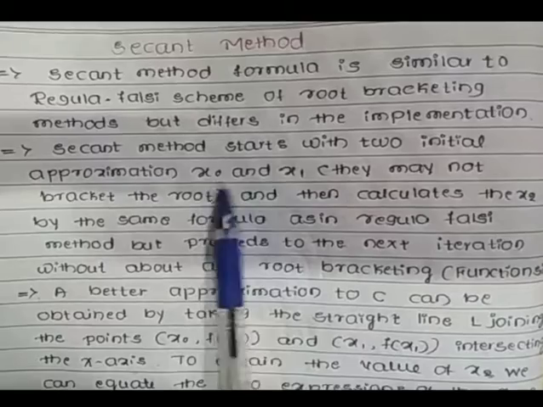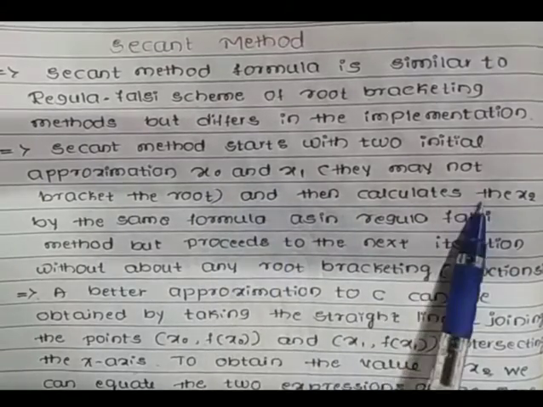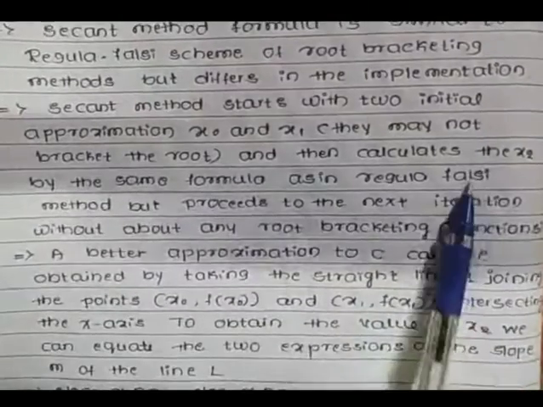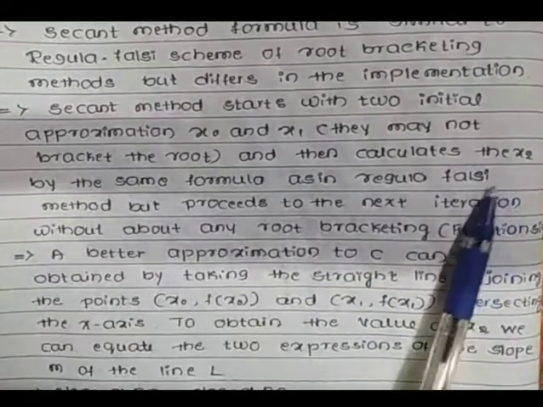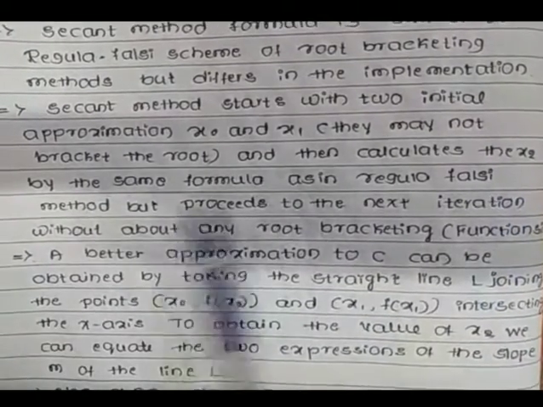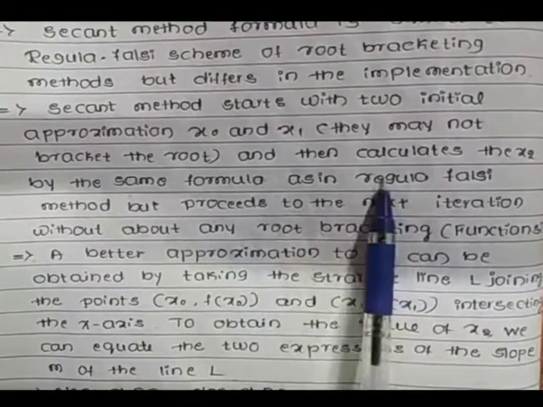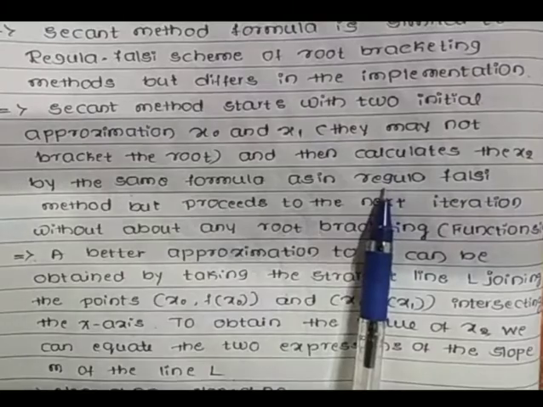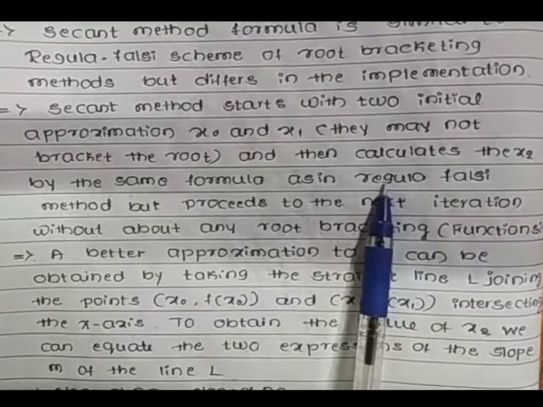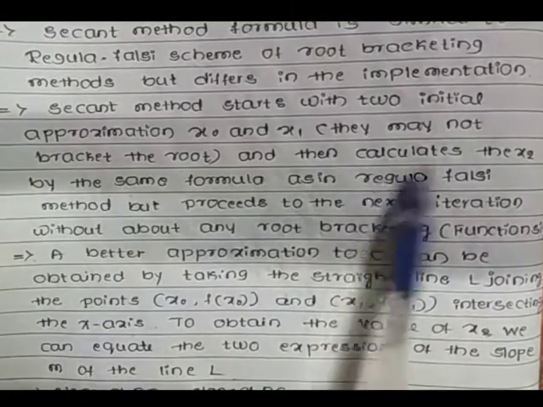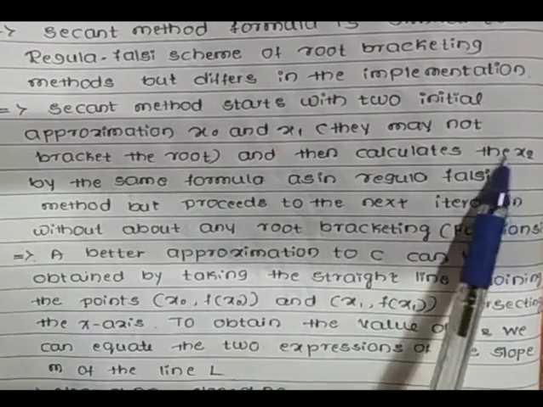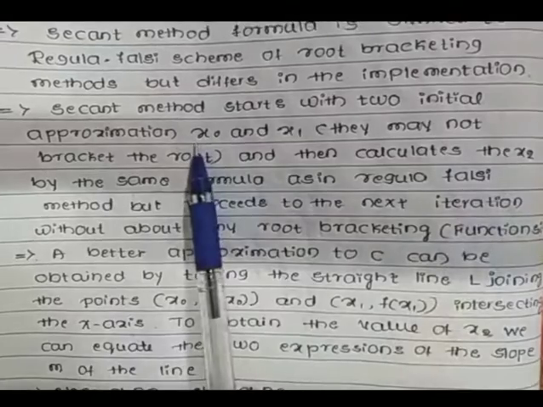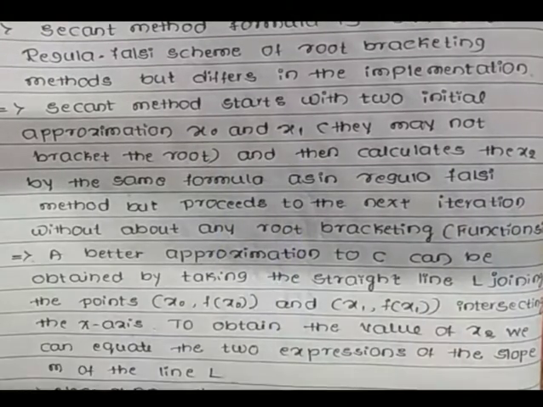So with the help of x0 and x1, we have to calculate x2. This x2 value we calculate using the formula which we have already used in regular falsi method. Using that same formula we calculate x2, that is the x2 approximation using x0 and x1.